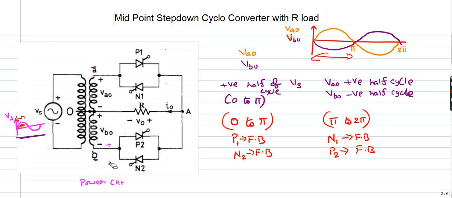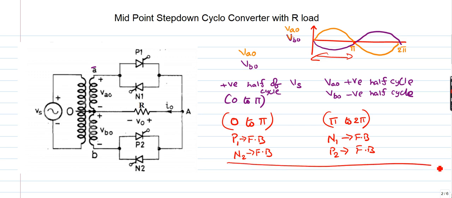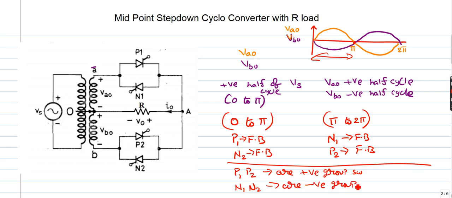And coming to the other point, why we have given these names as P1, P2 and N1, N2. So P1, P2 are positive group switches. N1 and N2 are negative group switches. Why I am calling them as positive group and negative group?